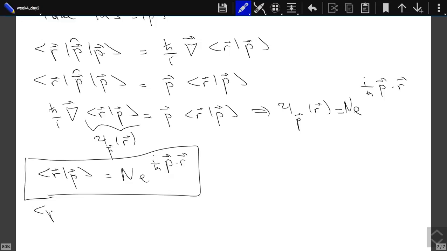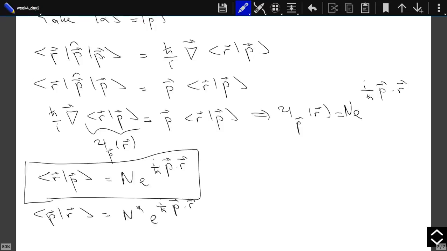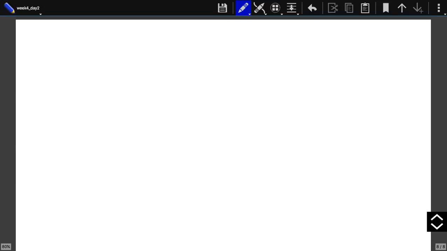We also know that ⟨r|p⟩ should be equal to N e to the power i over h bar p dot r. Now let us try to determine what this N is. N is not arbitrary. N is fixed by our normalization conditions.